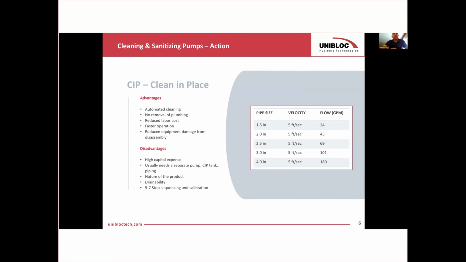The next advantage is that the labor involved is less, so you reduce costs around labor. It's considered a faster operation since it's automated. You also reduce the risk of equipment damage from disassembly, since the equipment doesn't have to be taken apart for cleaning.